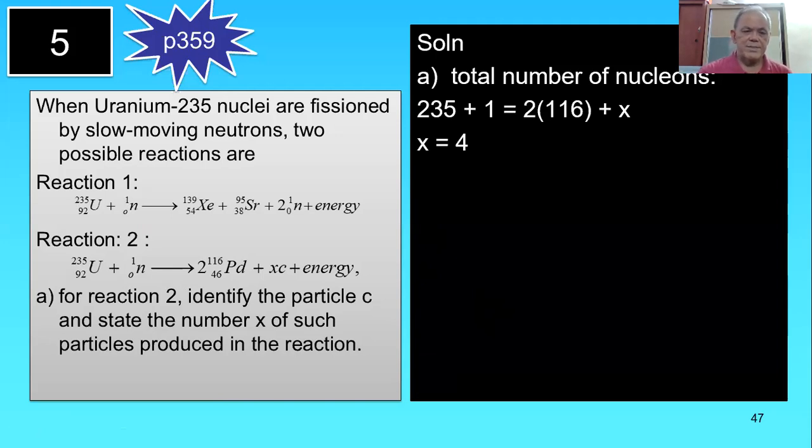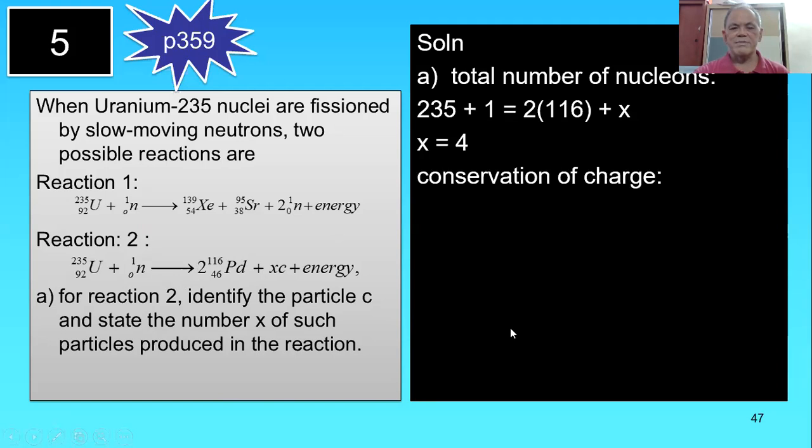Sorry, we are looking at reaction 2. This is 235 plus 1 here, and 116 times 2, and then we just call this one X. X number of nucleons, 4.